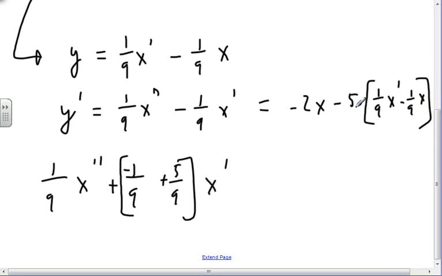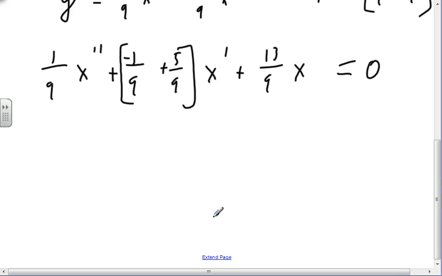And then I've got 5/9, which are positive, and I have 18/9, which are negative, which will give me negative 13/9, which gives me positive 13/9 x is equal to 0. And I'm hoping that I did that right.